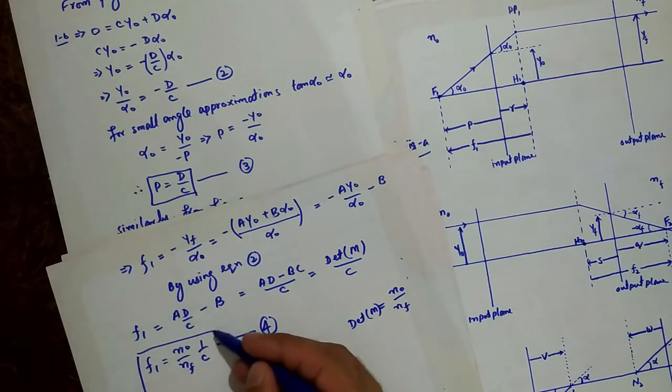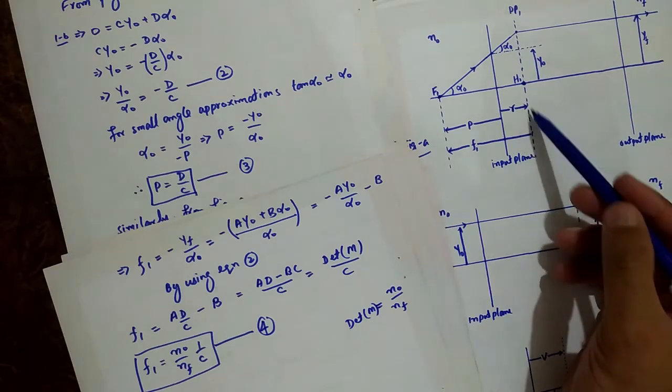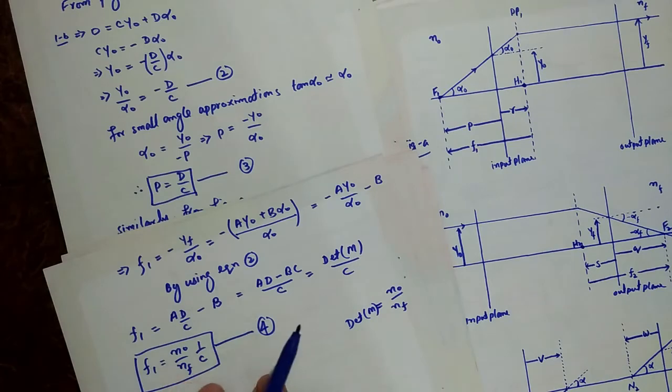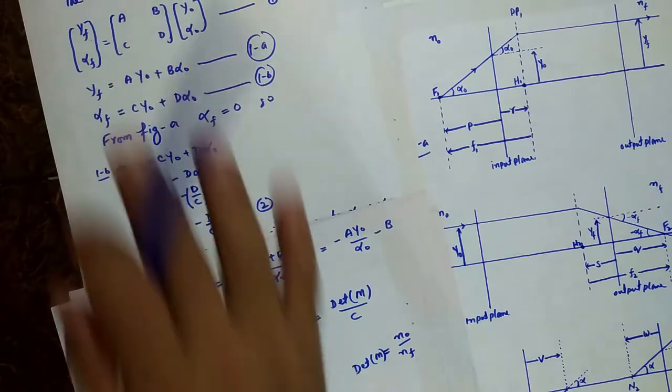So this is the position of the focus point, or the focal length, which is measured with respect to the principal plane. Clear? And it depends on the ratio of the initial and final media, and also on the C matrix element.